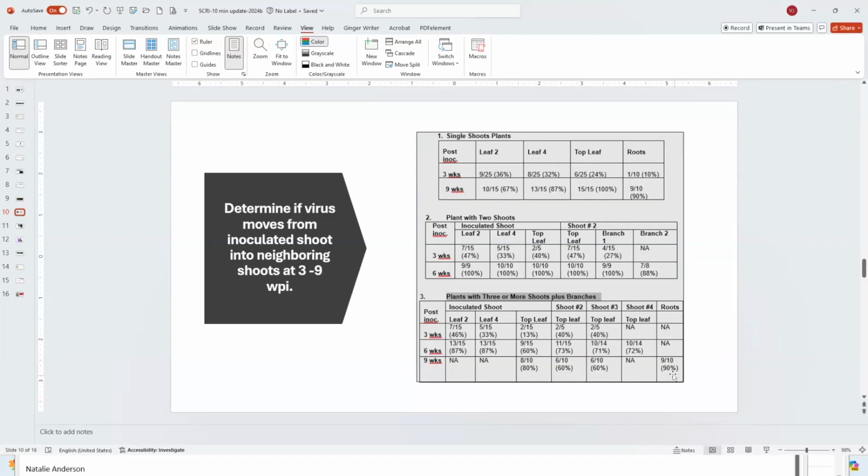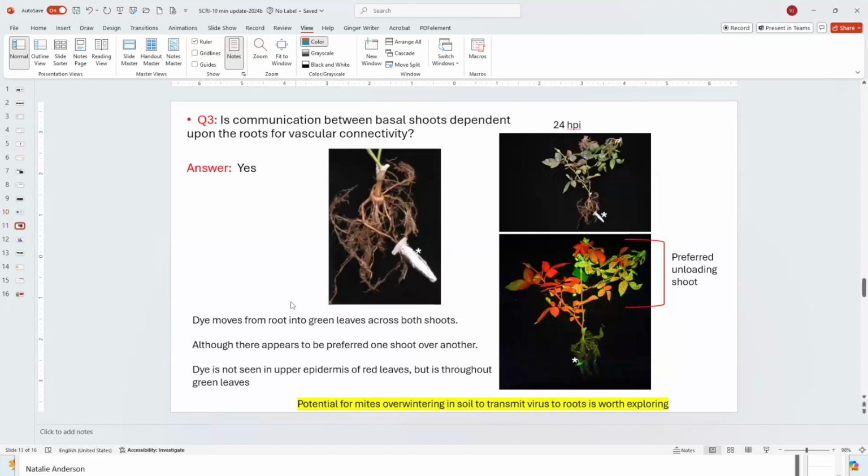The roots are also highly reliable, where we get 90% at 9 weeks showing positive. So if you're struggling to be sure of your virus infection, you could always take samples from the roots and have a high likelihood of getting an outcome that's predictable of whether the plants are infected or not.